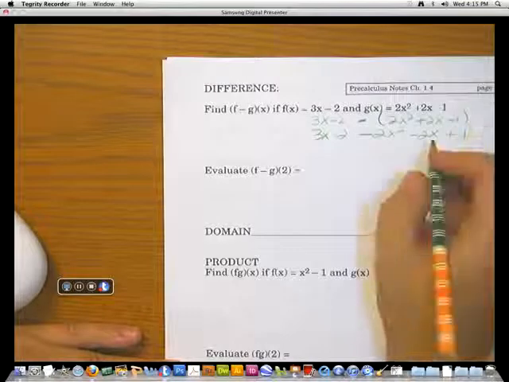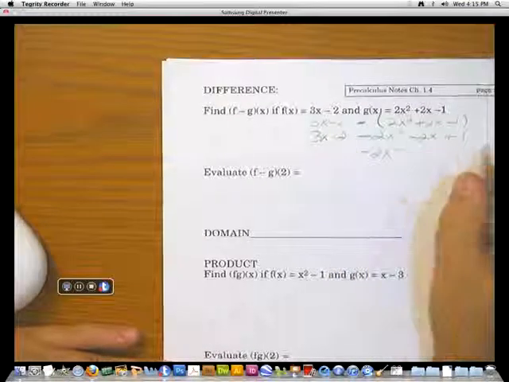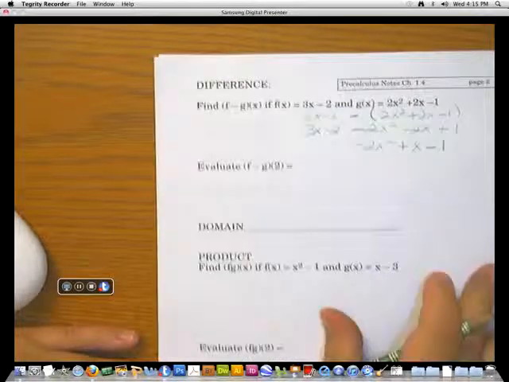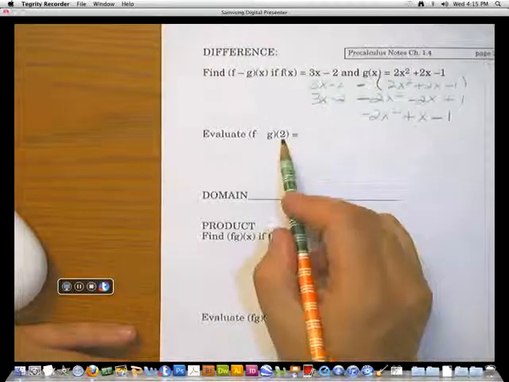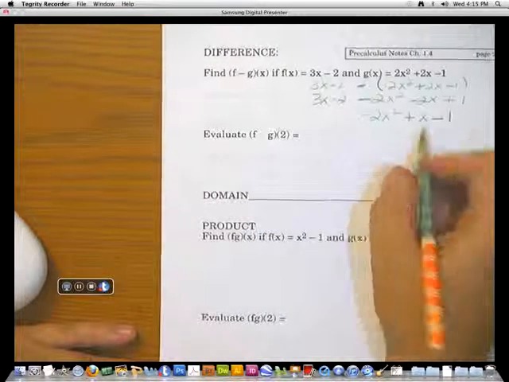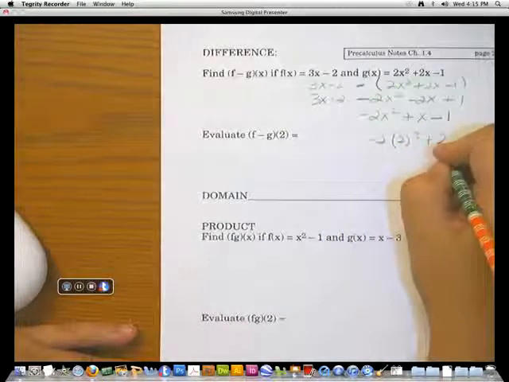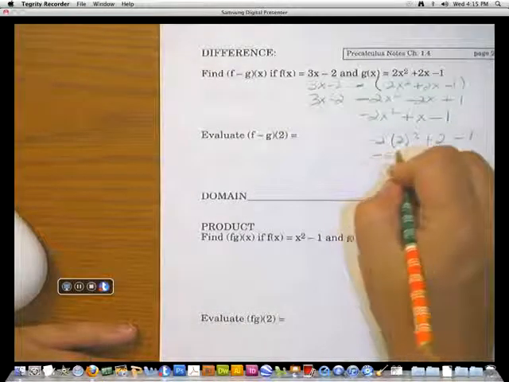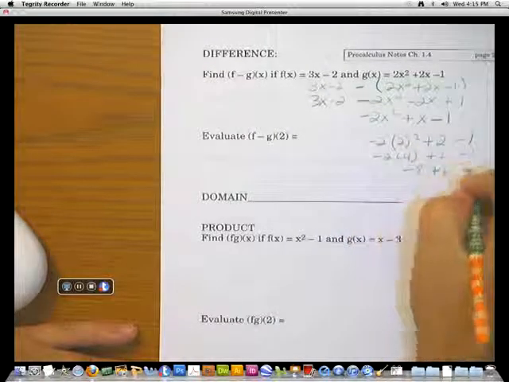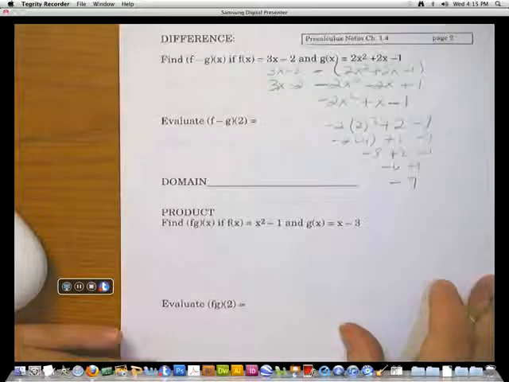Then when I put things in the proper order, highest power to lowest power, combining the like terms, I get negative 2x squared plus x minus 1. When I substitute in 2 at this time, again into their difference, so just minus 2, 2 squared, plus 2 minus 1, minus 2 and 4, minus 8, minus 6, we get minus 7.